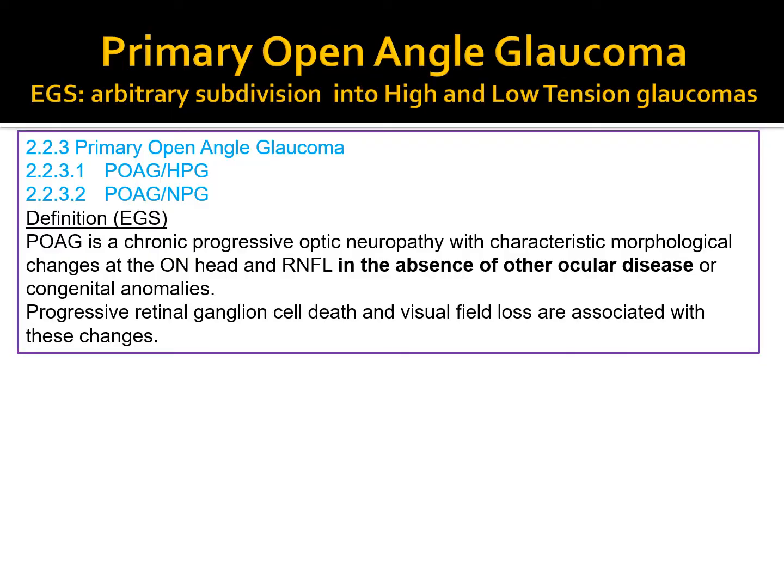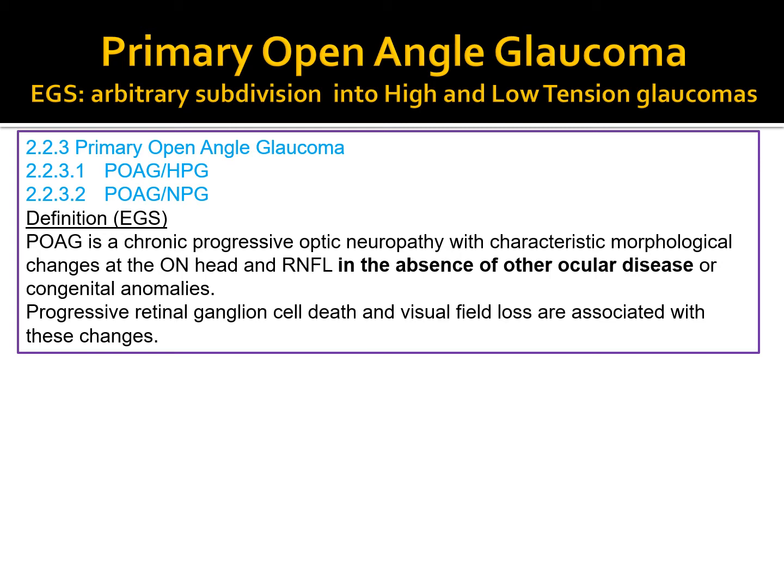So again, they had this arbitrary subdivision into high and low tension glaucomas. They defined POAG as a chronic progressive optic neuropathy with characteristic morphological changes on the optic nerve head and the retinal nerve fiber layer. And importantly here, in the absence of other ocular disease or congenital anomalies.